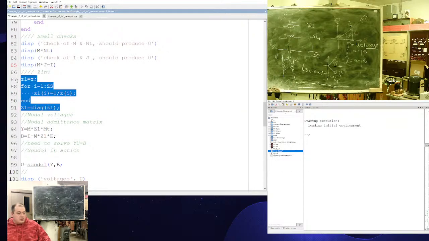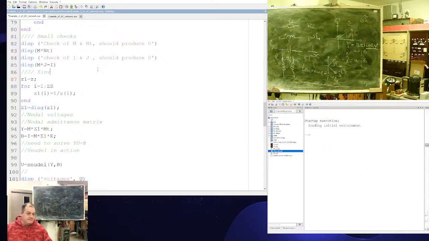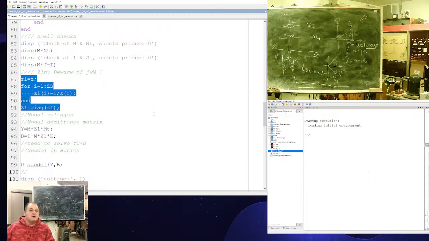Here, such an approach, as I used in DC, is applicable only if there is no mutual inductance. If not, this part should be substituted with what?